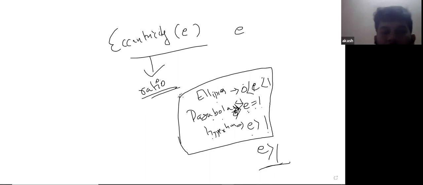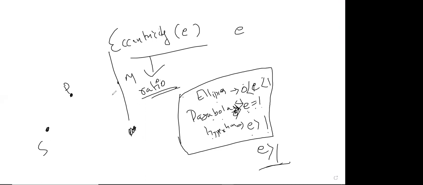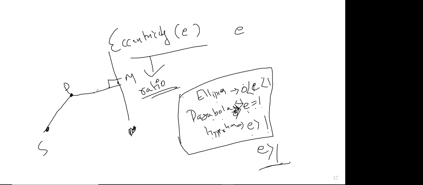It's defined as the ratio between the distance between a specific point and a line. Suppose this is a point P, and this is S, and this line is a line, and this point is M. So I can find the distance between this point and the line, PM, and I can find PS, the distance between two points.